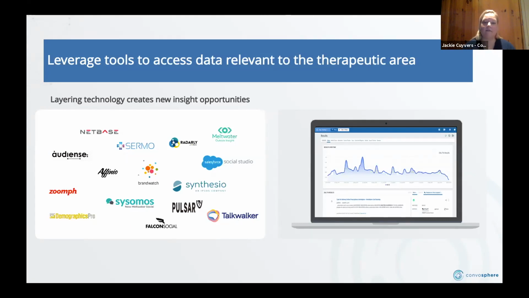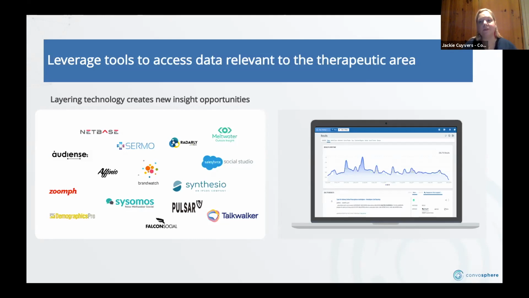They collect 30 to 40 million pieces of new data every day, which could be a forum post, a blog post, website content, a Facebook public group post, a tweet, an Instagram post, any of these different things, and it's sitting there in their data set for you to use to do your analysis.